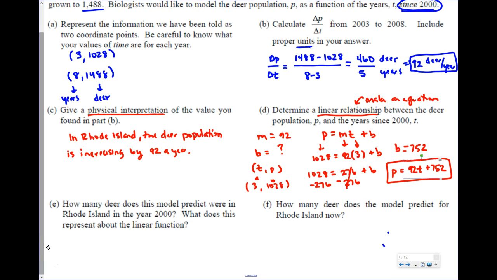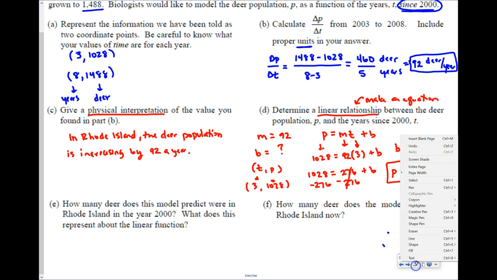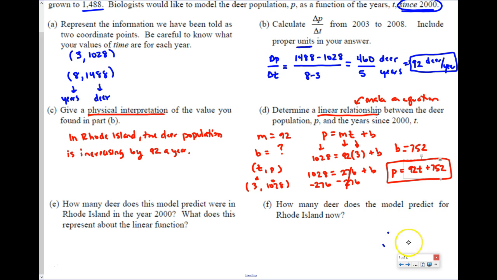Letter E. How many deer does the model predict were in Rhode Island in the year 2000? This is a very fancy way of saying, hey, in the year 2000, that's like saying t equals 0. So what does p equal if t equals 0?